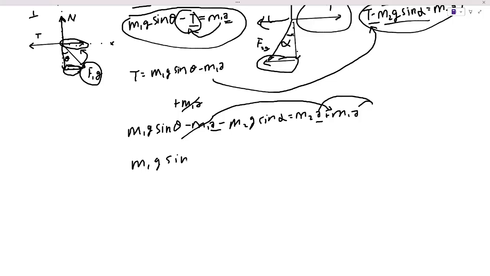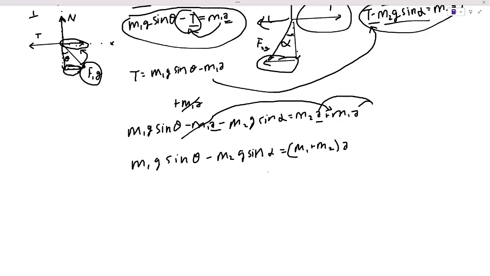m1g sine theta minus m2g sine alpha equals m1 plus m2 times a.